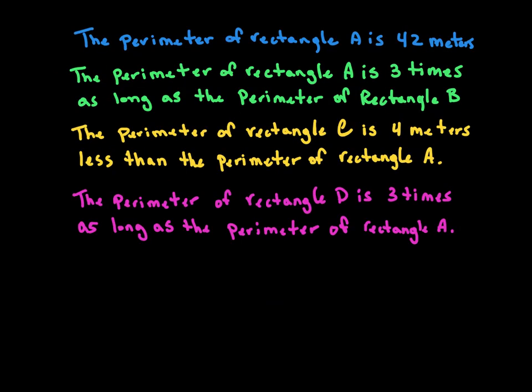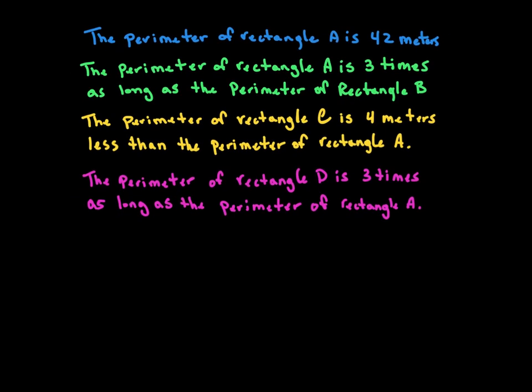Okay, let's finish off with the big one here. The perimeter of rectangle A is 42 meters. So I'm going to draw a perimeter. Let's see, this one is 42 meters.